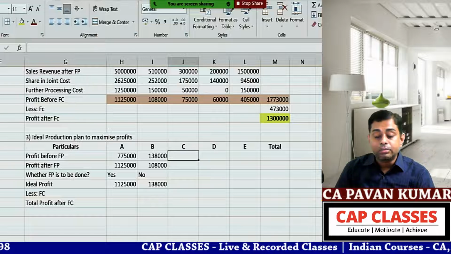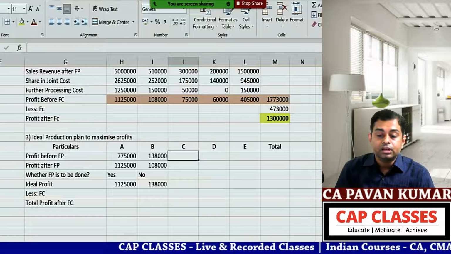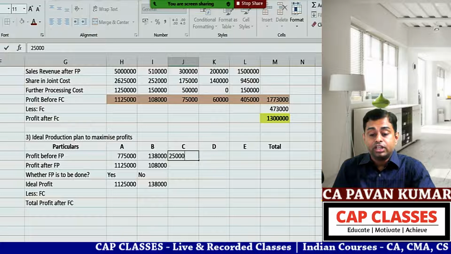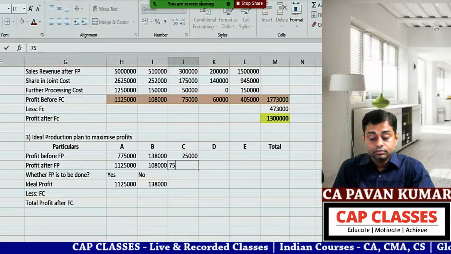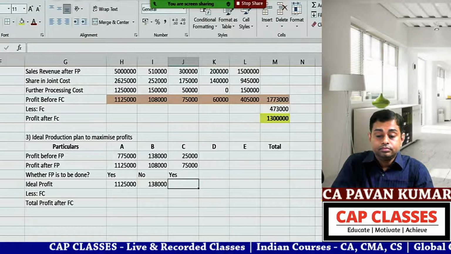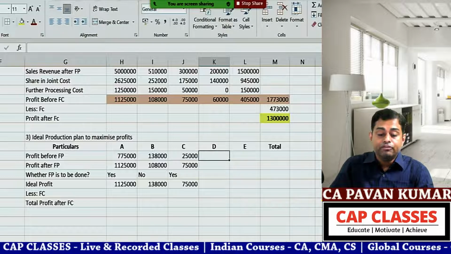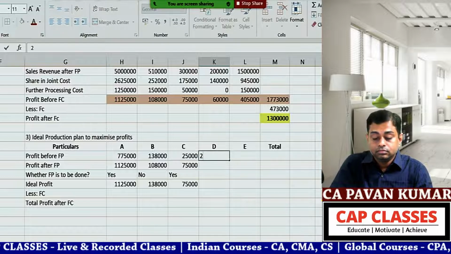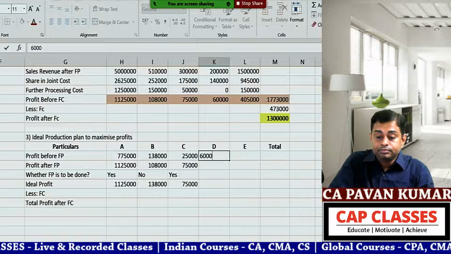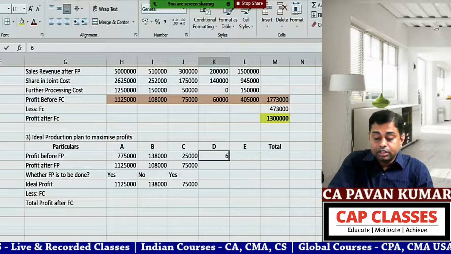So tell me, C, profit before further processing? 25,000. Profit after further processing? 75,000. Yes or no? Yes, sir. Ideal profit? 75,000. D before? 60,000. D after? 60,000, not applicable.